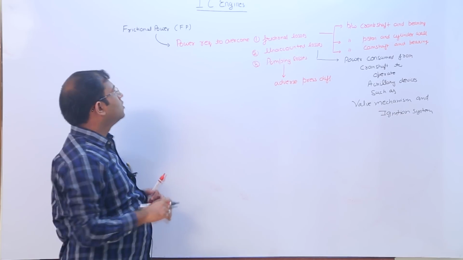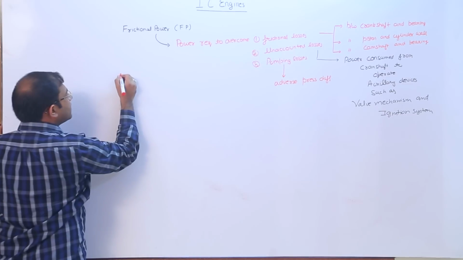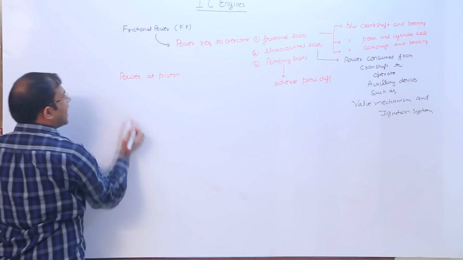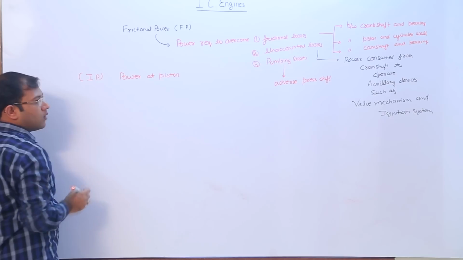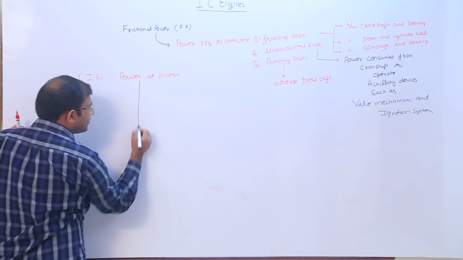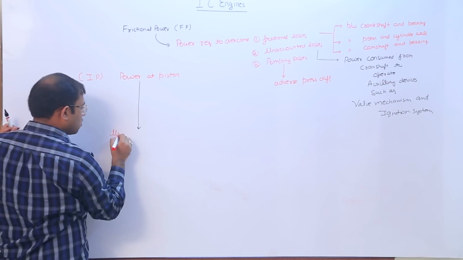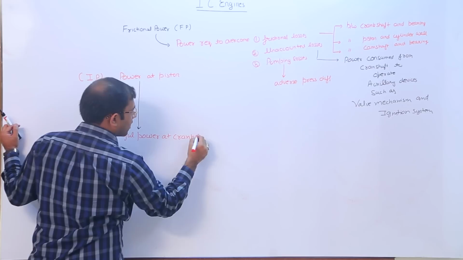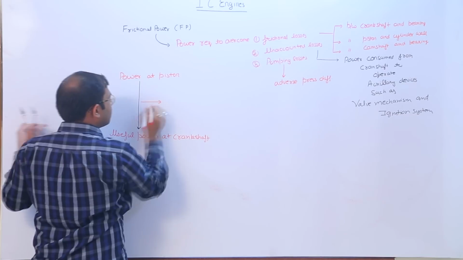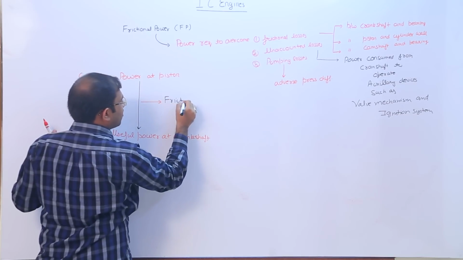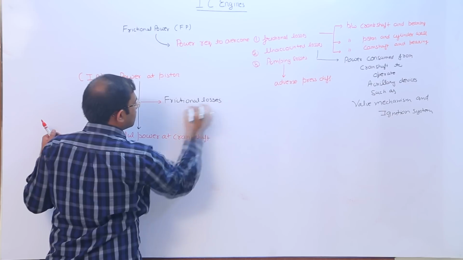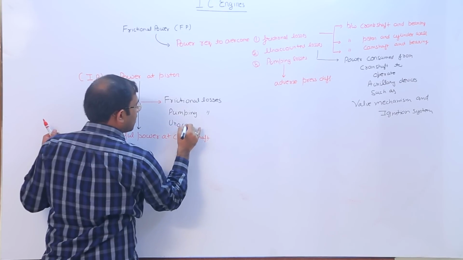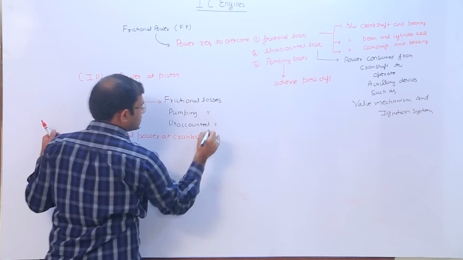Is it okay? Fine. So here what we have seen is that earlier there was some power at the piston, and that was nothing but your indicated power, and this power at the piston got converted into useful power at the crankshaft, and in between there were some frictional losses, then pumping losses, and then unaccounted losses.